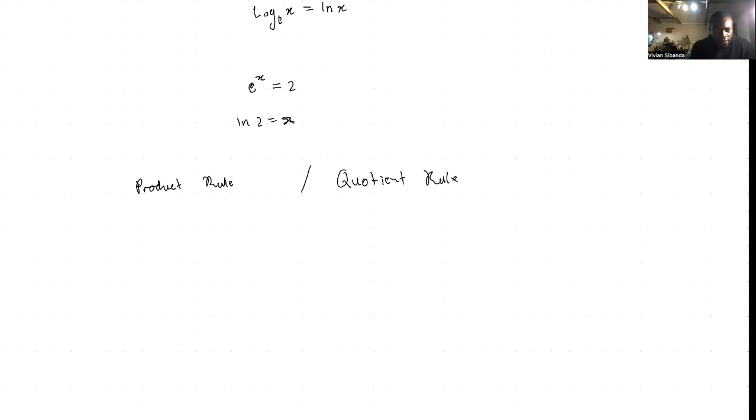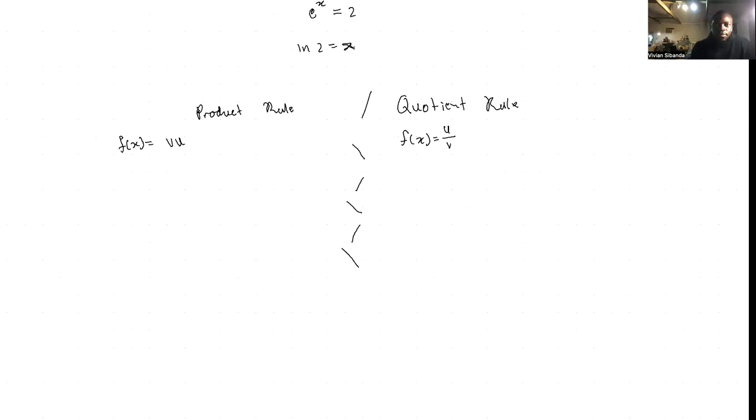Let's say f of x, represented by v and u. And then the quotient rule, quotient is something that you obtain from dividing. So it involves two functions being divided by each other. So I just put a fence there to show that these are two rules that we're going to work with.